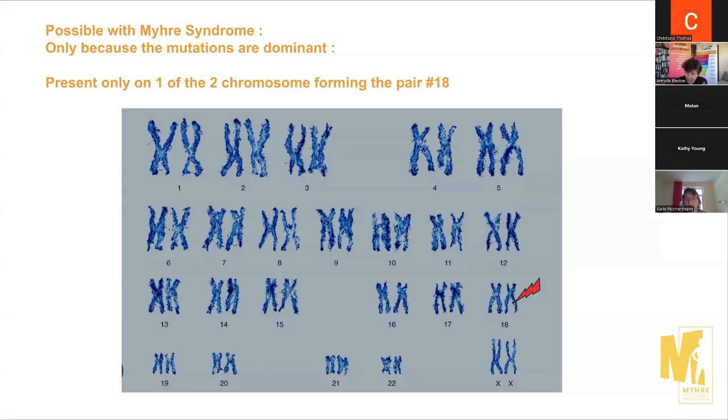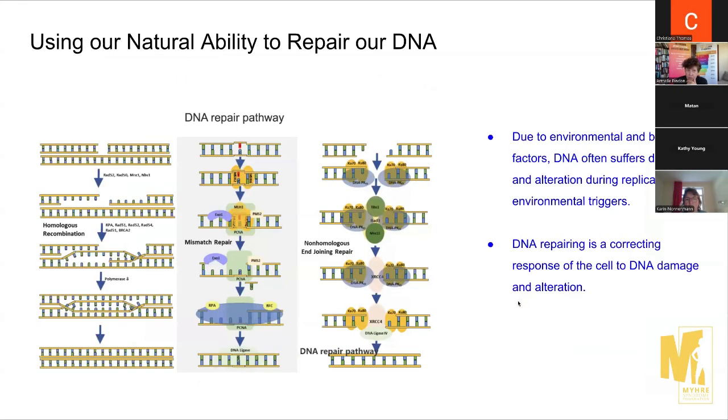So exactly at the site of mutation, we create a break, and then we use the natural ability that everybody has to repair the DNA. Every day you have DNA that is damaged by UV light, by anything, or just by replicating.